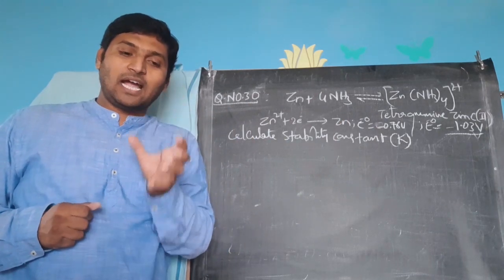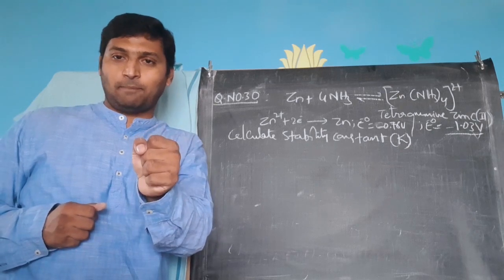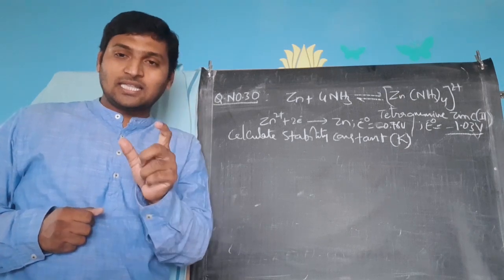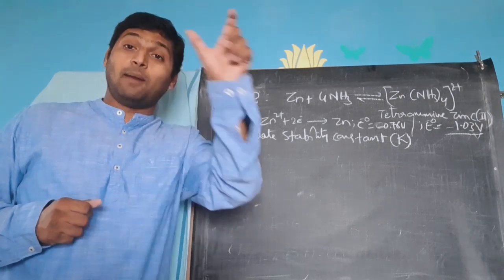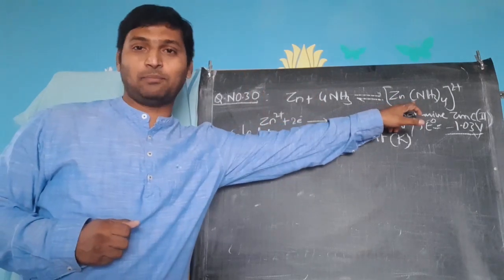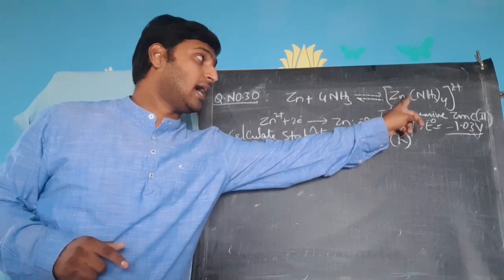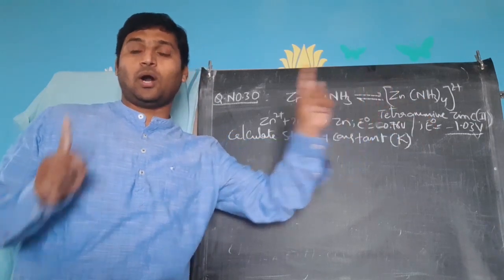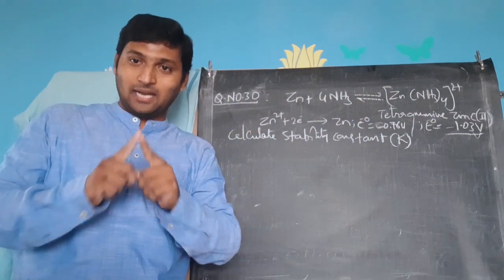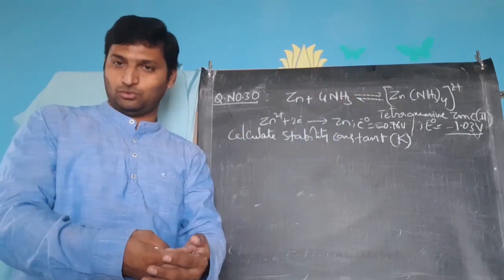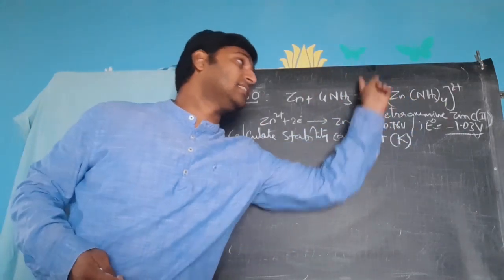So some of the ions would have entered into coordination compound formation such that it will exist as a complex ion. This is an example of a complex ion where between zinc and ammonia there is coordinate covalent bond, so that when you put this into solution it will remain as this complex ion.